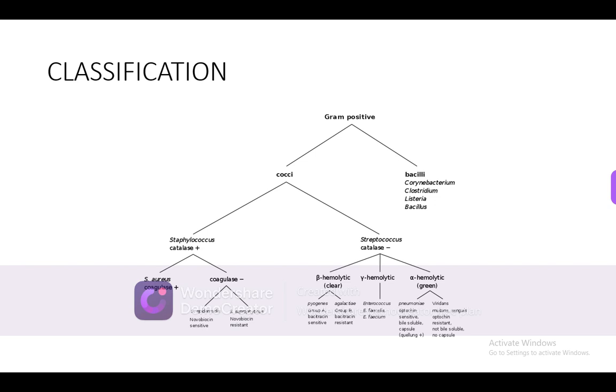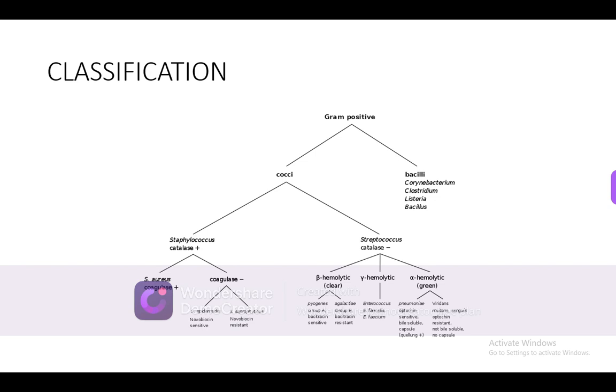And another one is the alpha hemolytic type of reaction given by the streptococci. For example, Streptococcus pneumoniae comes here, optochin sensitive, bile soluble, with a capsule, etc. I don't want to discuss further because this is very general bacteriology.